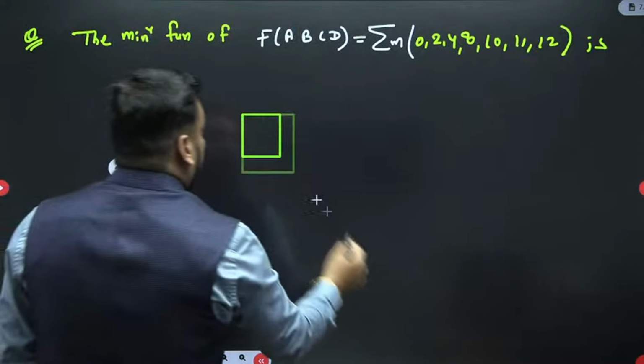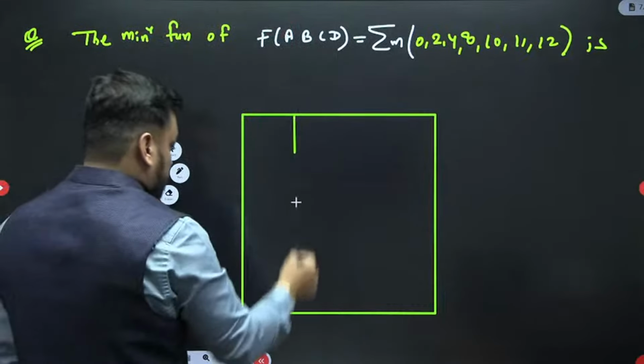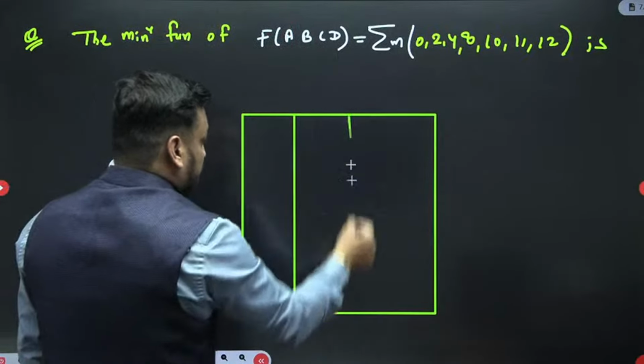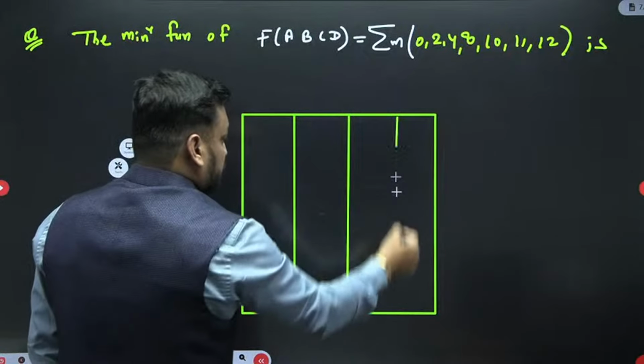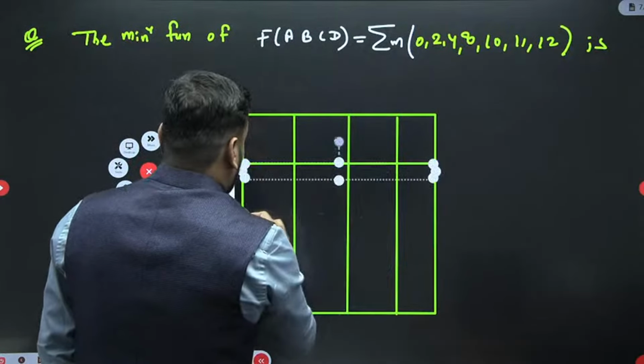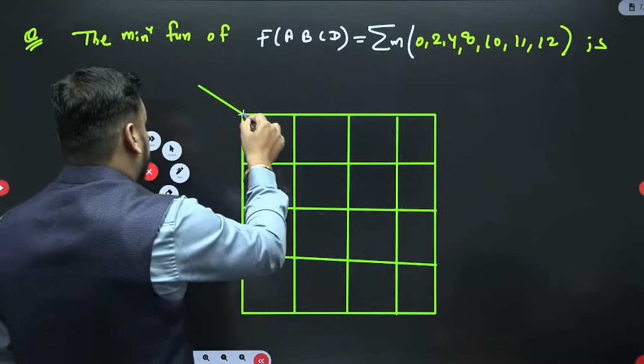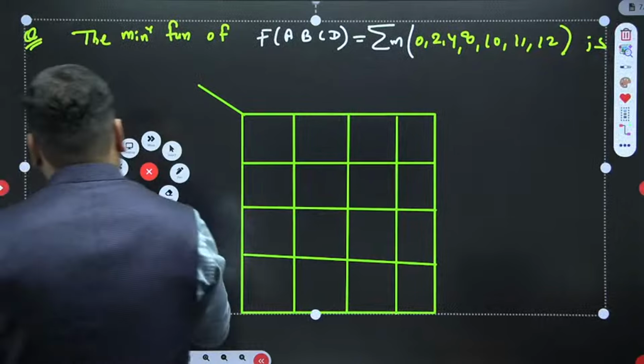So definitely first of all we have to make a K-map. Just to explain in a proper way, I am making this complete diagram first. Of course, in the examination hall you can make a freehand diagram. We need to make a 4-variable K-map.